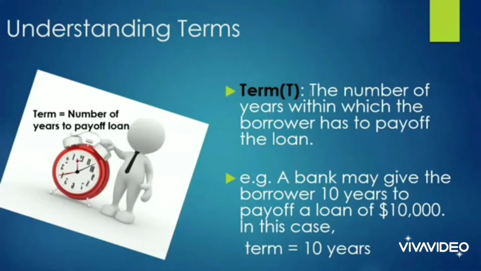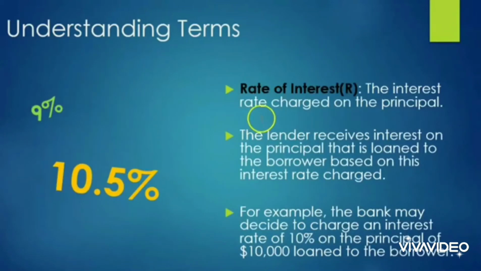Now, what will be the rate of interest that the bank will put on the principal amount? What is the rate of interest? The interest rate charged on the principal. The lender receives interest on the principal that is loaned to the borrower based on this interest rate.